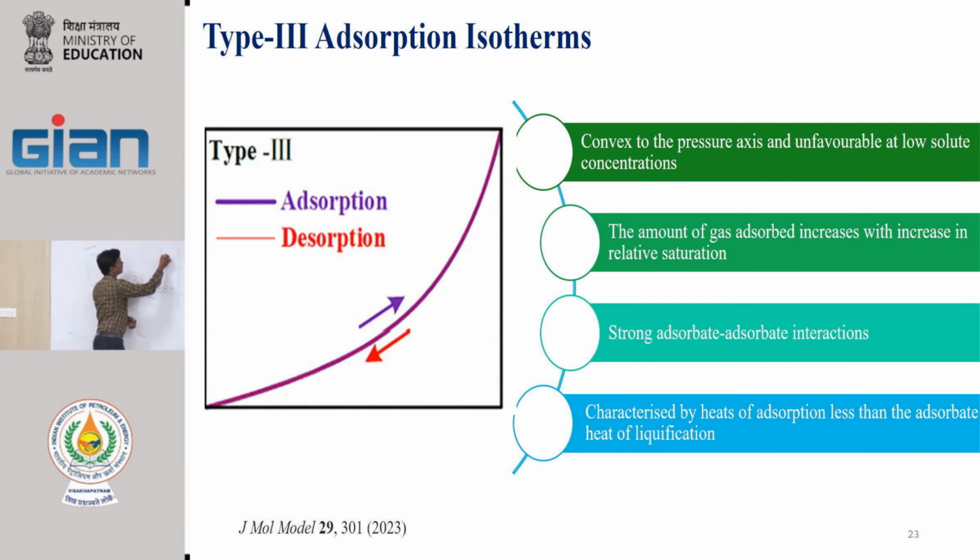That means you have an interaction between gas and gas, and an interaction between gas and solid, right? First one here, second one here. So what happens at low pressure? When nothing is here, just the solid surface, what we are saying is that gas-gas interactions are greater than gas-solid interactions.